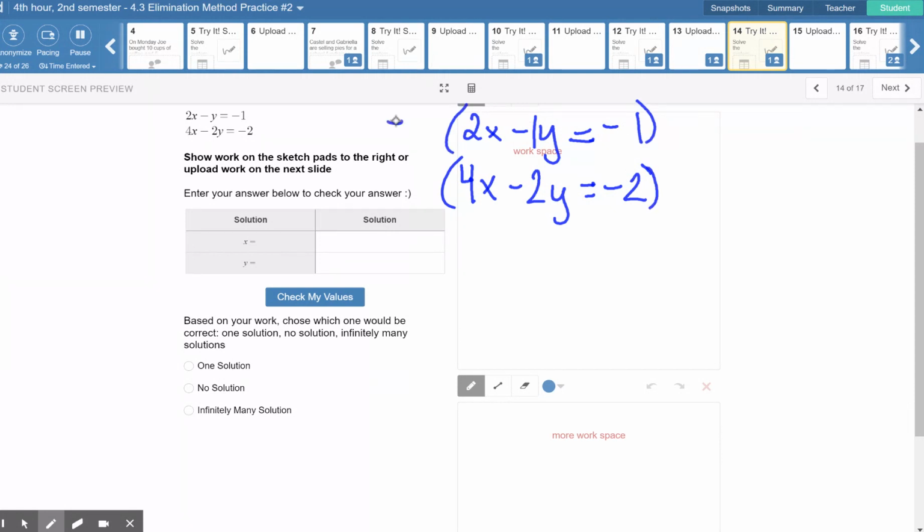I'm going to make the 4 opposite by making it a negative. And I'm going to multiply the bottom equation by 2. So remember, we're just switching 1, keeping 1. Does not matter which one you choose. And now we just distribute.